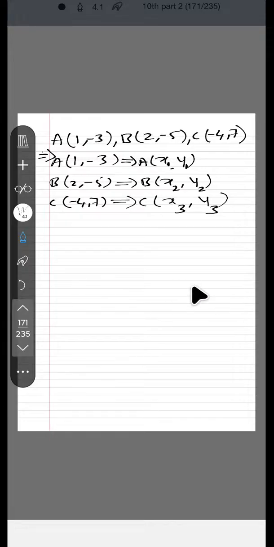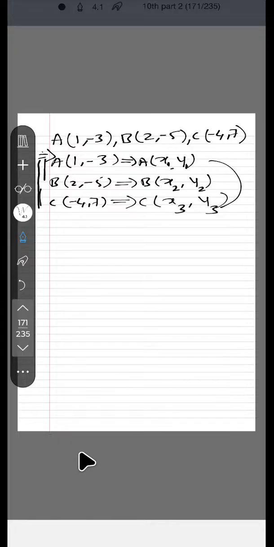Simply, very first here we are going to find the AB value, then the BC value, and after that we are going to talk about AC, and check whether they are collinear or not. Okay, so let's start here.